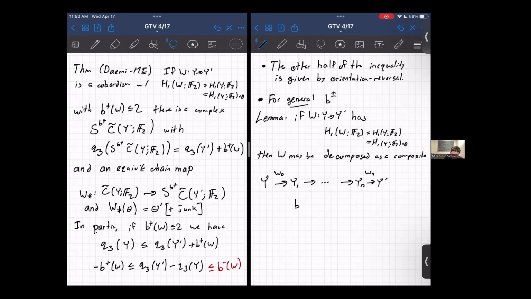And lastly, B2 of each cobordism is at most 2. So I take this inequality for each term in the sequence, we add them all up, and we get the desired inequality between Q3 of y prime and Q3 of y.